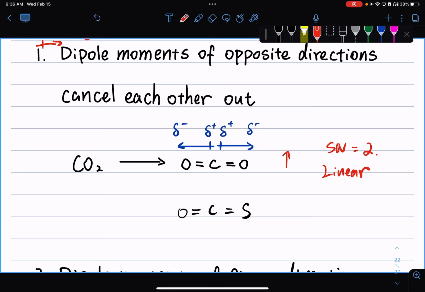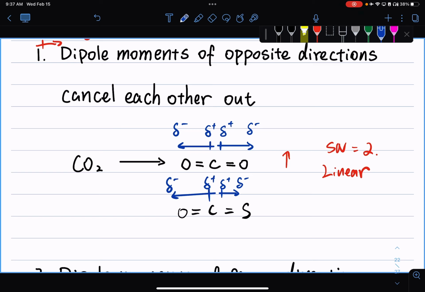And since we know sulfur is less electronegative compared to oxygen, although it is still more electronegative than carbon, what we're having is the same idea, right? You have the carbon-oxygen dipole moment. It's the same linear structure. But now on the right-hand side, this dipole moment will be smaller. So what that means is only part of that dipole moment will be canceled out.